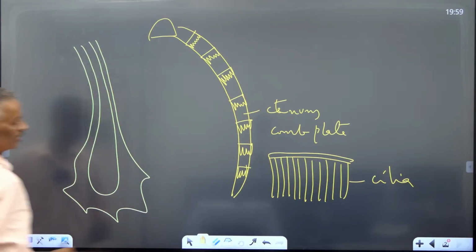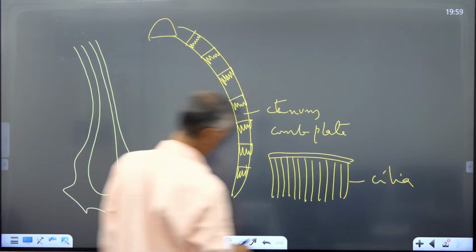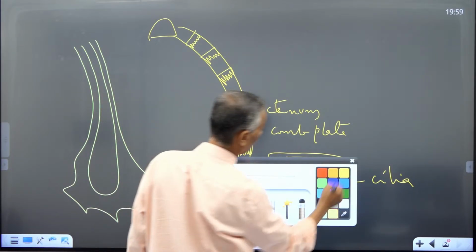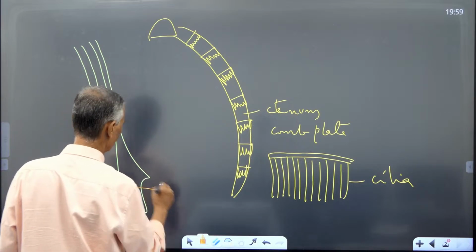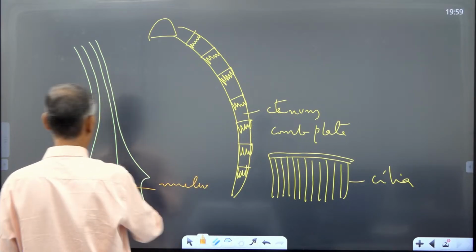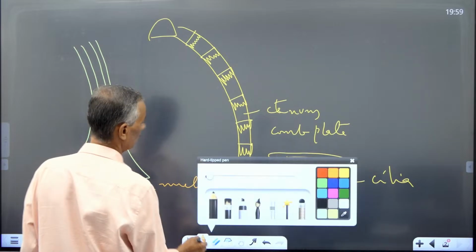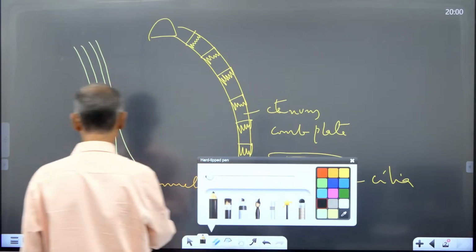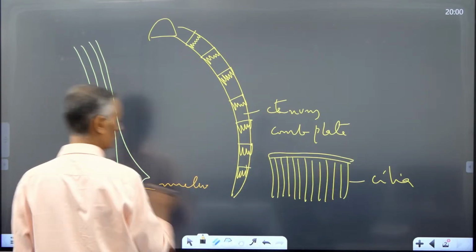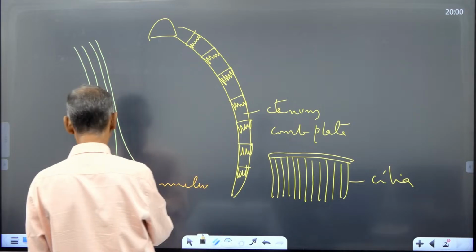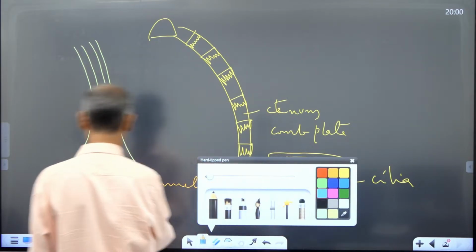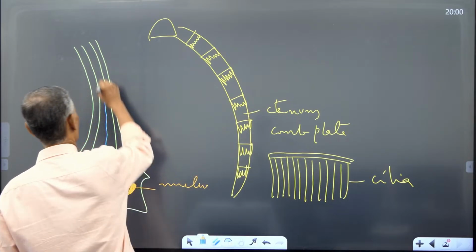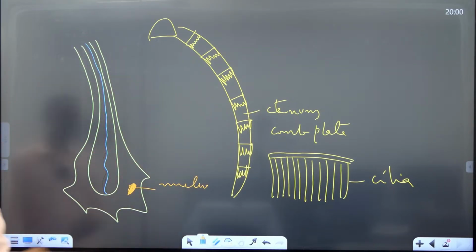This is a special type of cell, a hollow cell, which has a cavity inside. This is the nucleus of the cell. And inside the cavity, you have a long flagellum. This flagellum is very important.